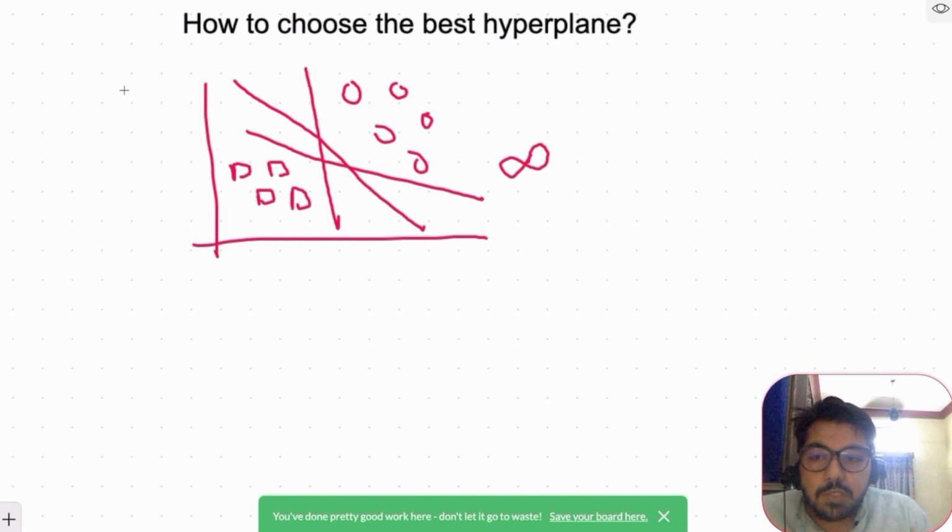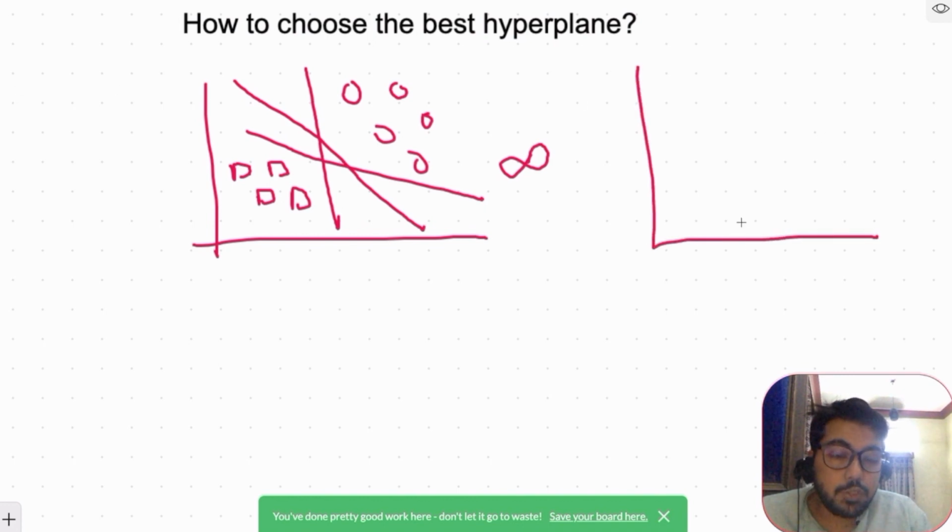To choose the best available hyperplane, there is a concept known as the maximum margin hyperplane. So to choose the best hyperplane, we have to find the hyperplane which gives us the maximum margin between the two classes.